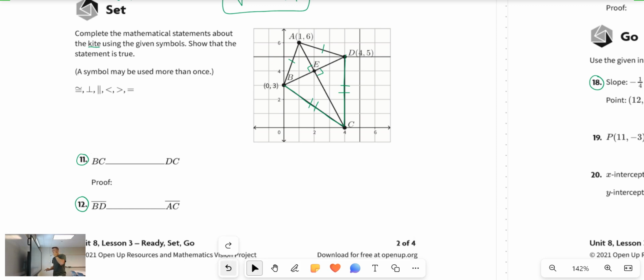That's important, because if we're looking at BC and DC without those symbols, we're immediately looking at distance, and the segment symbol is for segments and triangles.